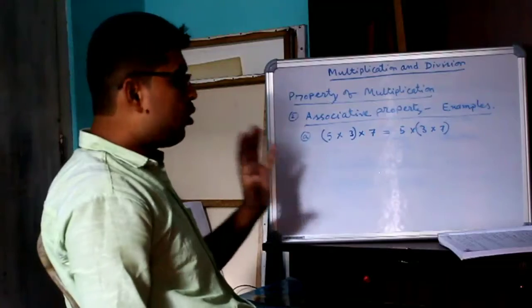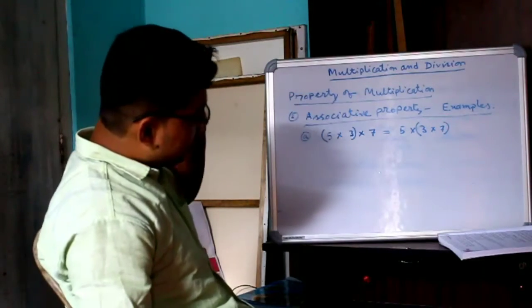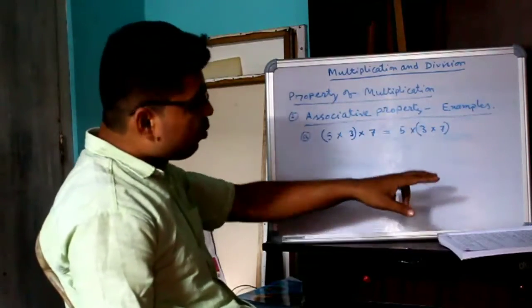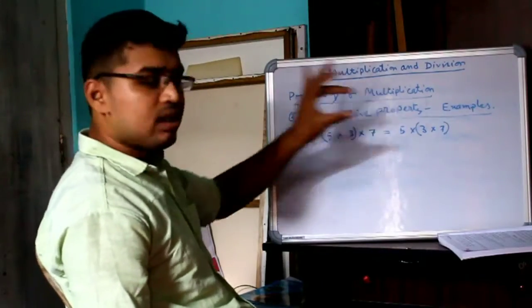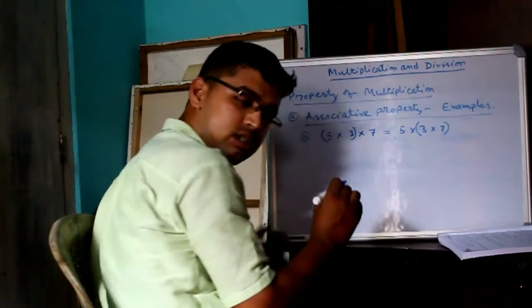The answer will not change, the answer will be the same. So if we put a bracket on 5 and 3, and on the other side of the equal sign, if we put the bracket on 3 and 7, the answer will not change.